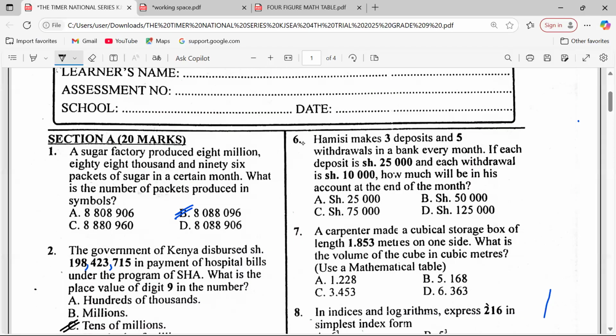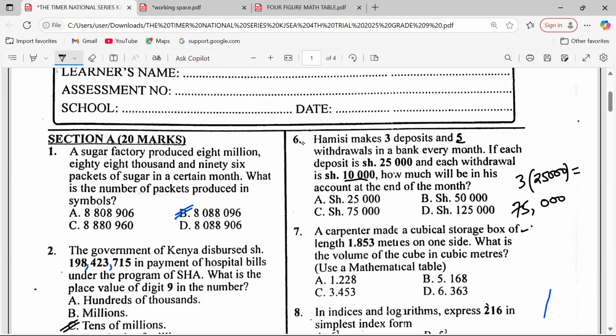So he makes 3 deposits and this gentleman is depositing 25,000. Then we can now treat the deposited amount as positive such that we have 25,000 by 3 and this is 75,000.